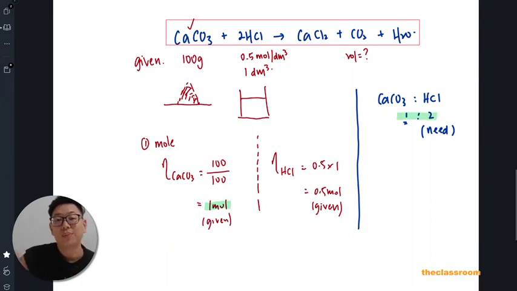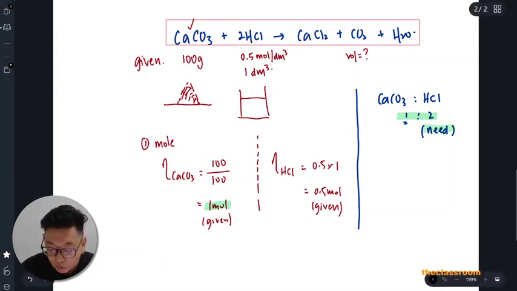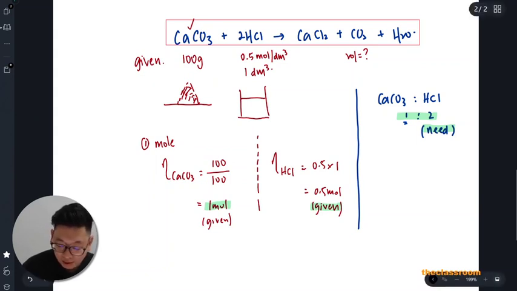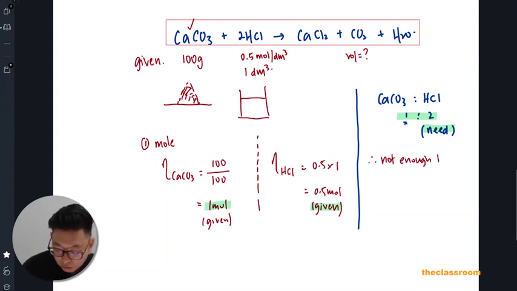We get this from the balanced chemical equation, the coefficients. To use up all my 1 mole of calcium carbonate, I need 2 moles of hydrochloric acid. This is what I need. But I only am given half a mole. I'm not given enough, and therefore I have not enough hydrochloric acid. Which means what? Hydrochloric acid is limiting.